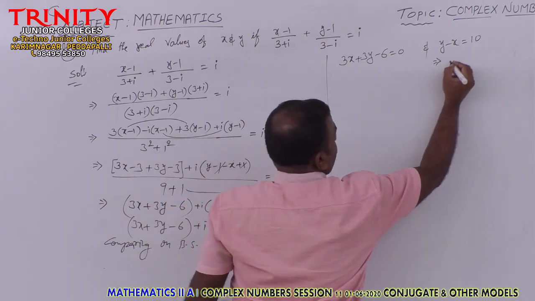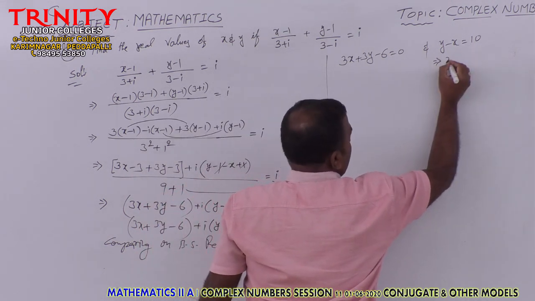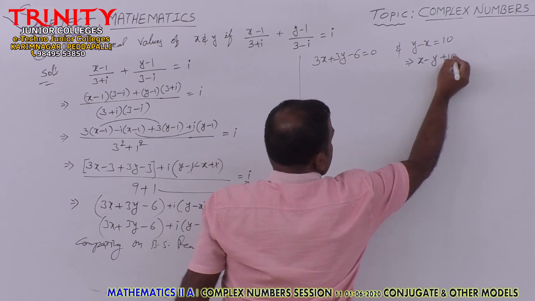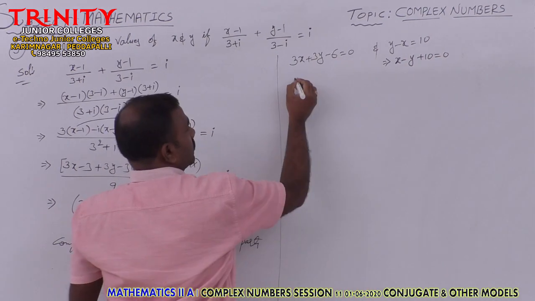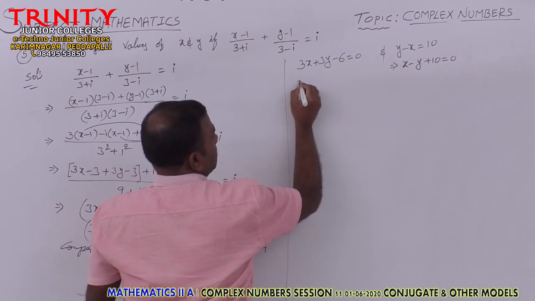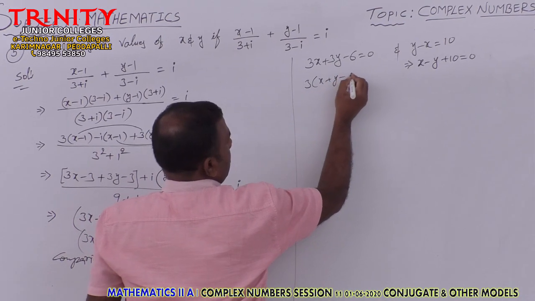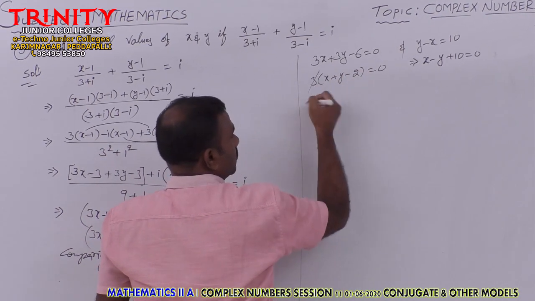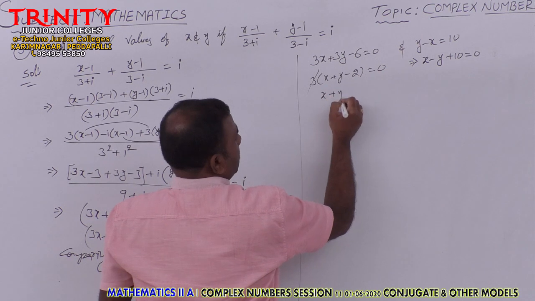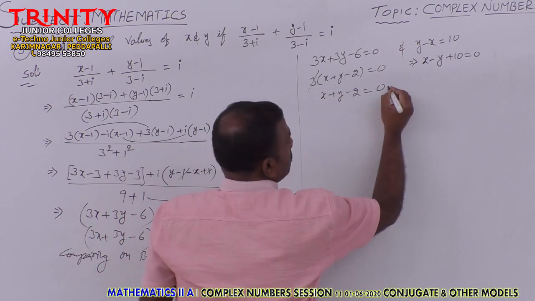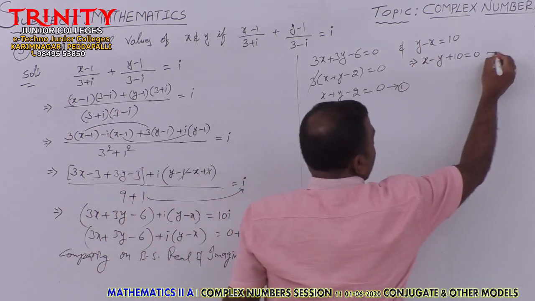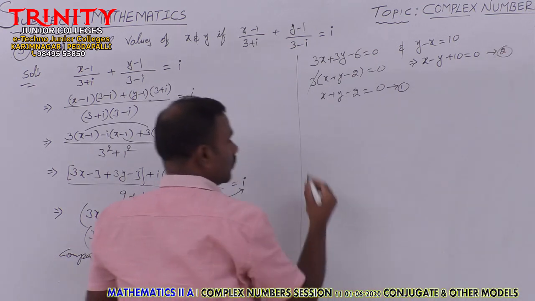Taking it to the right side, x minus y plus 10 is equal to 0. In the first, if we take 3 as common, x plus y minus 2 equal to 0, 3 cancels. This is equation 1 and this is equation 2.